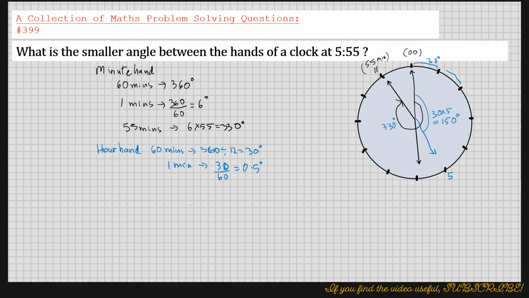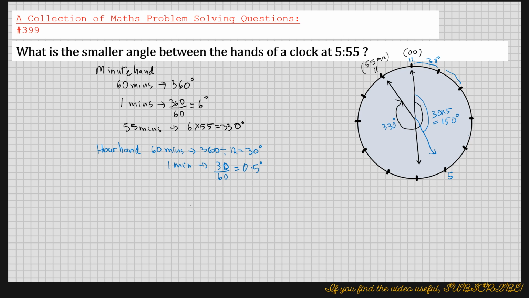So when the hour hand moved from 12 to 5, it has covered 150 degrees.